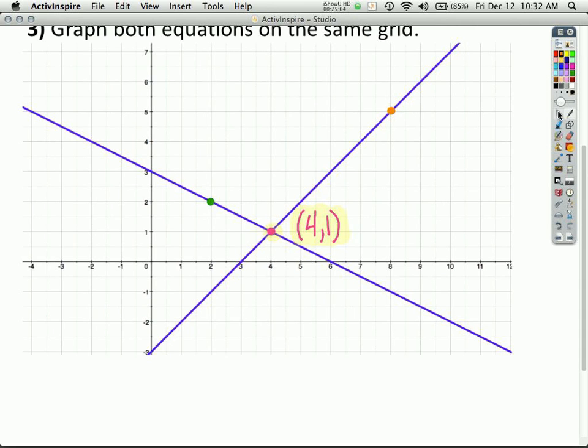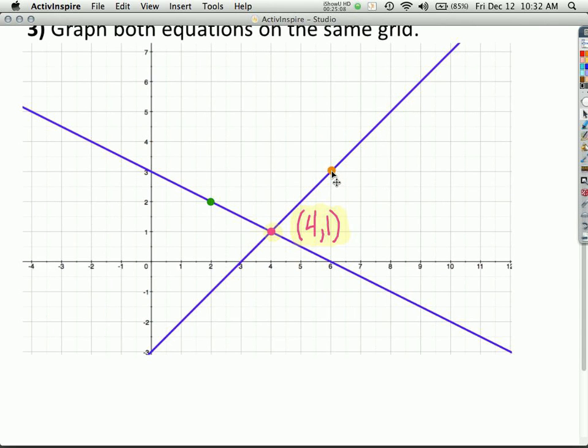In fact, I can put this orange dot anywhere along this line I want, and it's a solution to that equation. I can put this green dot anywhere I want on this line. That's a solution, that's a solution. All of these are solutions.